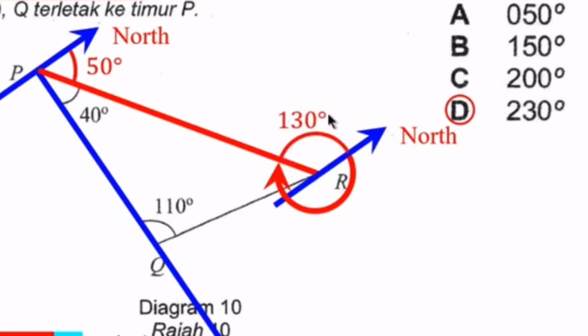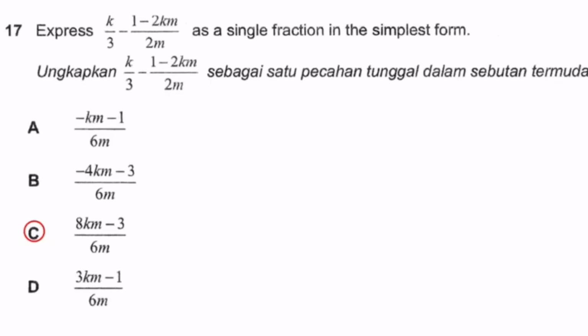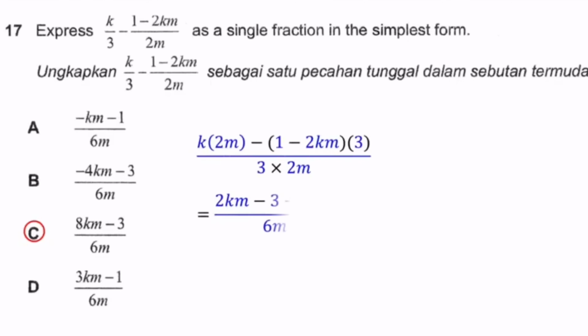Now for your information, the SPM exam will be testing you on this. So for questions involving fractions in an expression, you have to make sure the denominator is the same. Okay, so the denominator is 3 times 2m, and you have to make sure you put brackets when you minus, and you have to expand carefully.